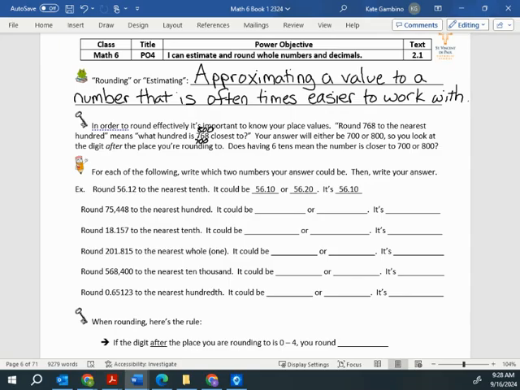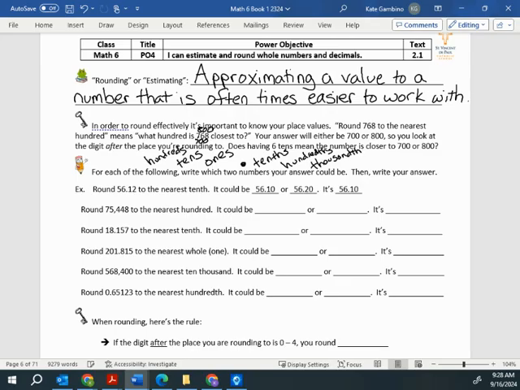So we have hundreds, tens, ones. Those are 768. Then we have our decimal place. Then we have tenths, hundredths, and thousandths.